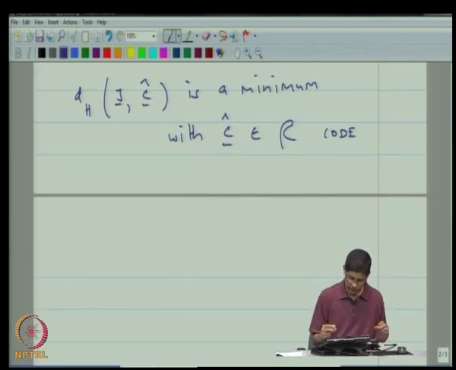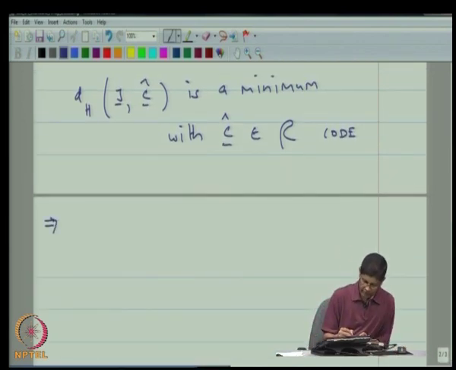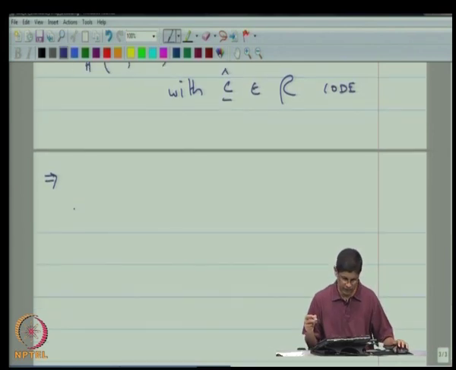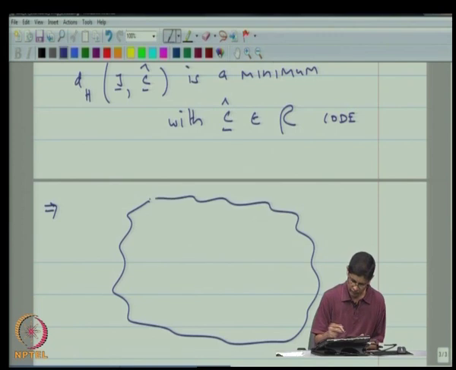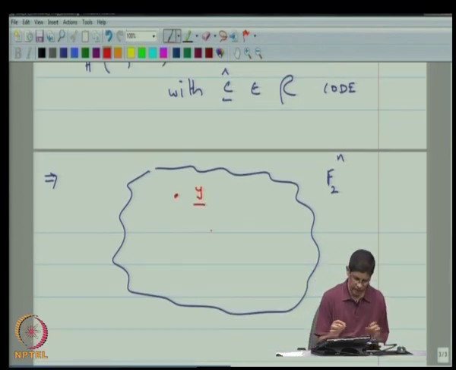Now, in turn, this is equivalent to saying, and I will illustrate this with a picture. So, let us say you have the set of all n tuples here, and somewhere in here you have the received vector, and there may be competing code words.